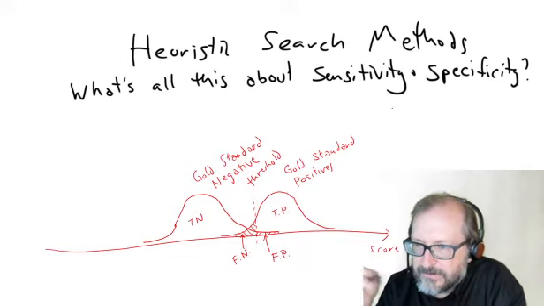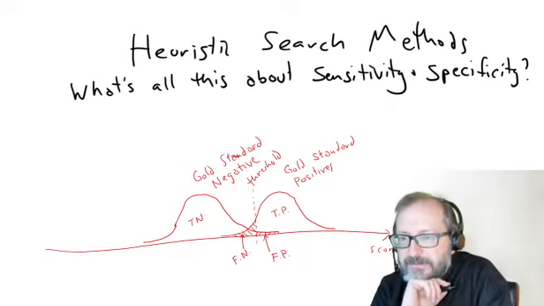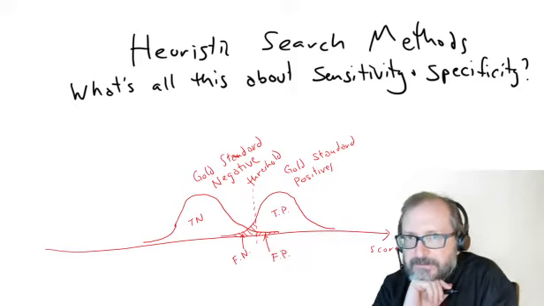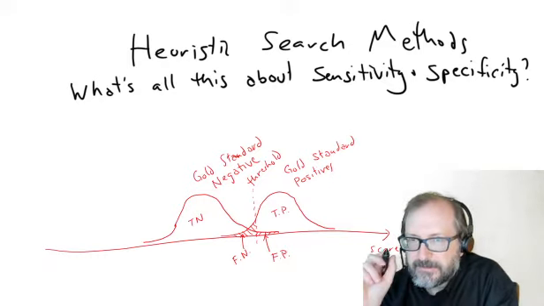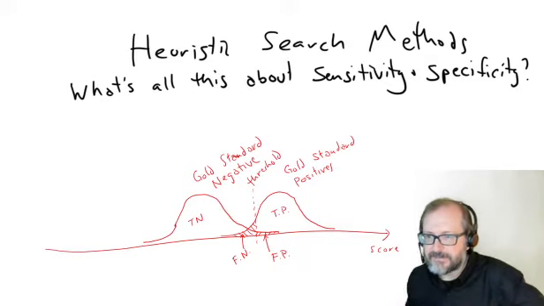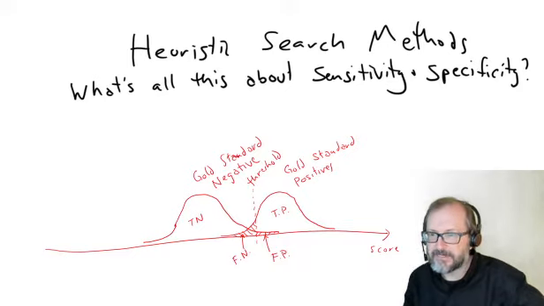Okay. So sensitivity means how many of these gold standard positives was your test able to detect, right? And just so it's easier to remember, just try to think that sensitivity is all about the gold standard positives. It doesn't include anything having to do with the gold standard negatives, right?